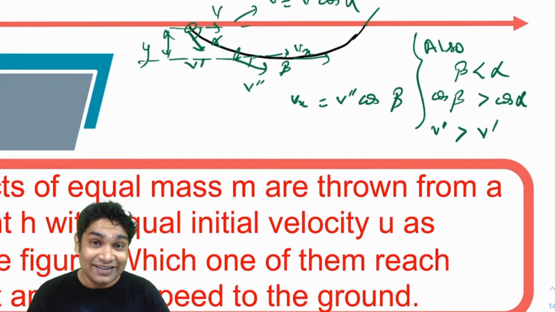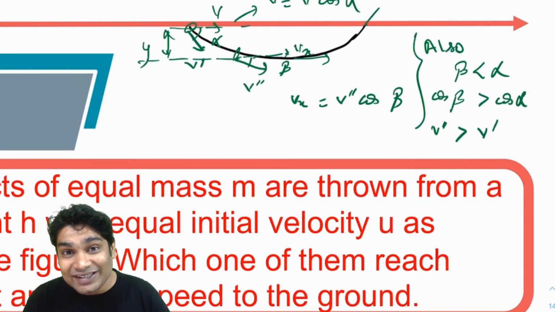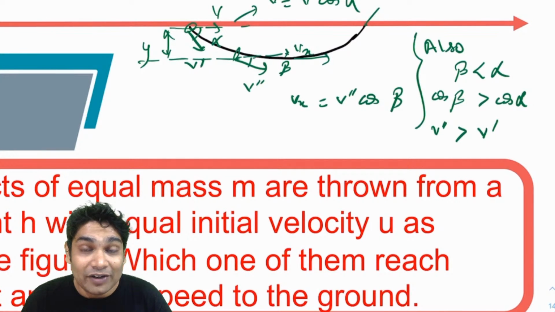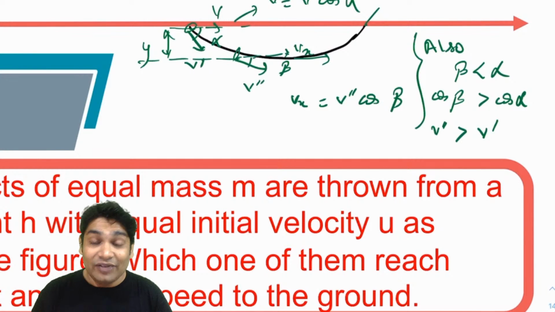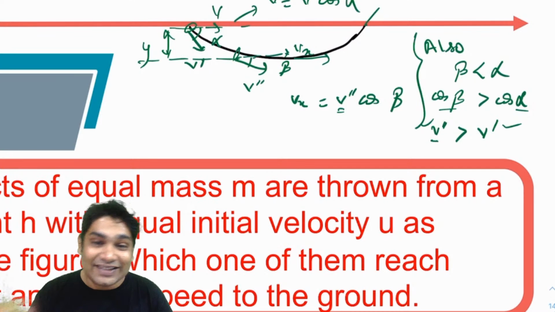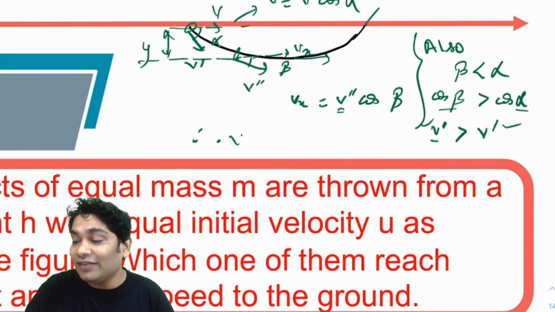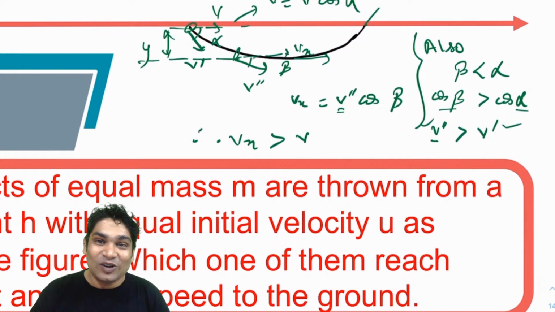Another is that it is coming down, so it is losing potential energy, and because of that also V double dash is getting bigger. Since V double dash is bigger than V dash and cos beta is greater than cos alpha, Vx is greater than V. Therefore, I can conclude that Vx has to be greater than V at any point.